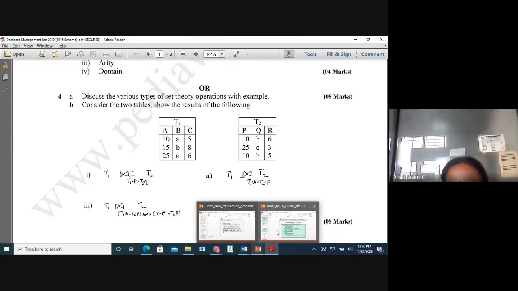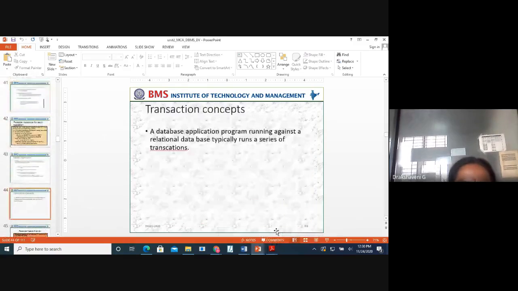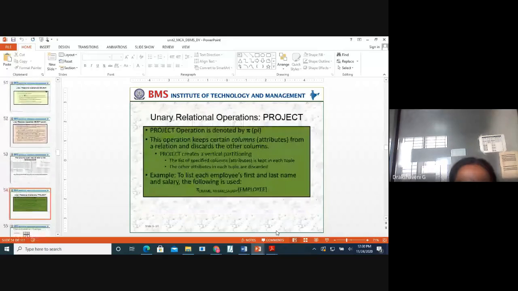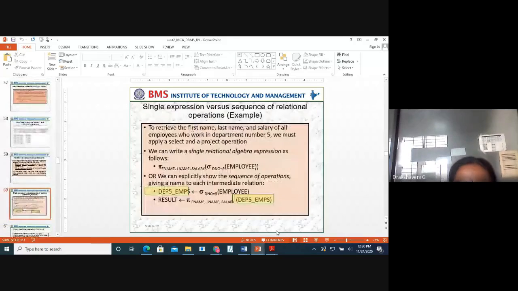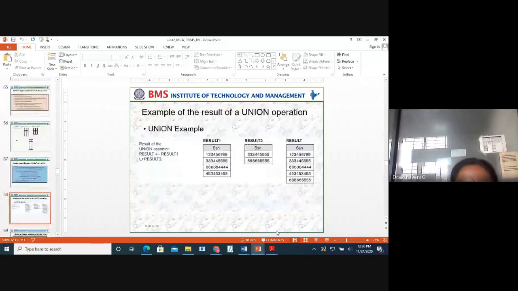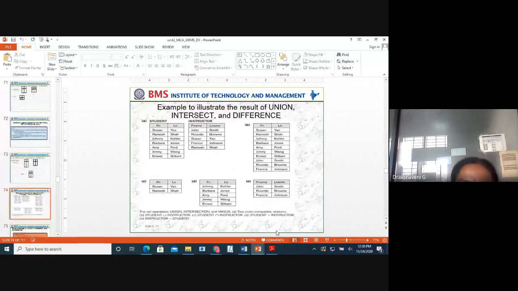You can see here we have seen about transaction update, relation, union, project. So what they've asked: joins, right? Yeah, intersection.